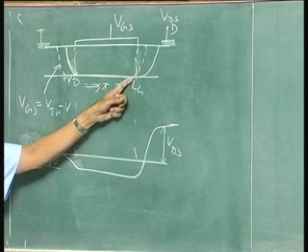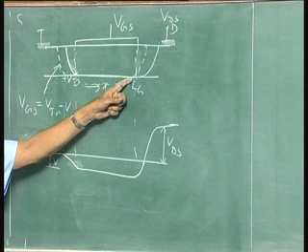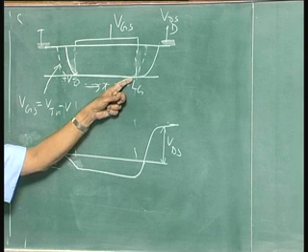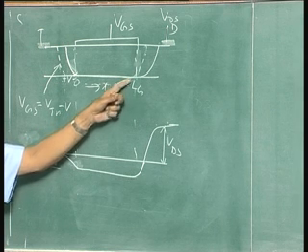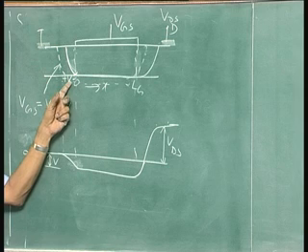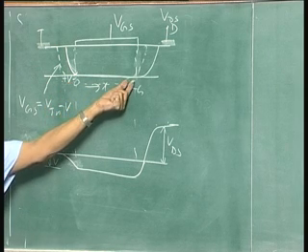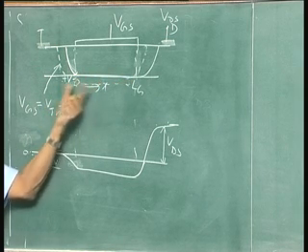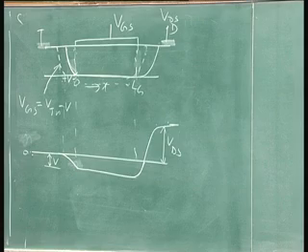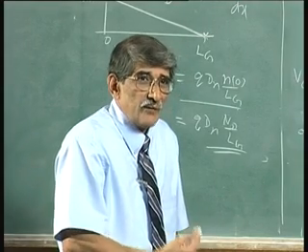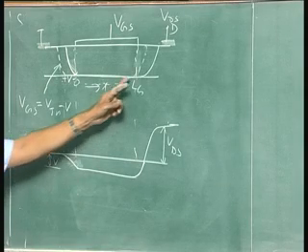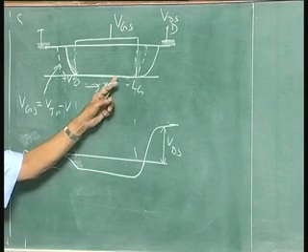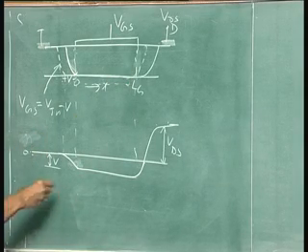It may move slightly into the channel region, but we are not taking that movement at all, because we are talking of a long channel. Whatever movement is there is small compared to the long channel gate length, that is what we are taking. If the channel length becomes smaller, then you will have to see how much it will move. I will do only qualitatively. This one you can get quantitatively.